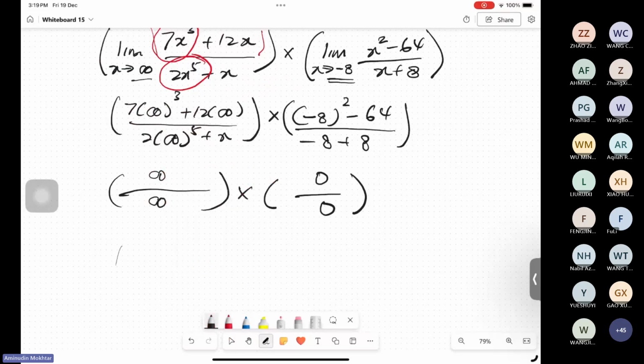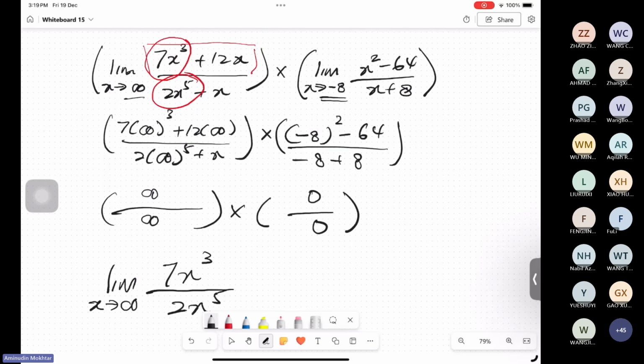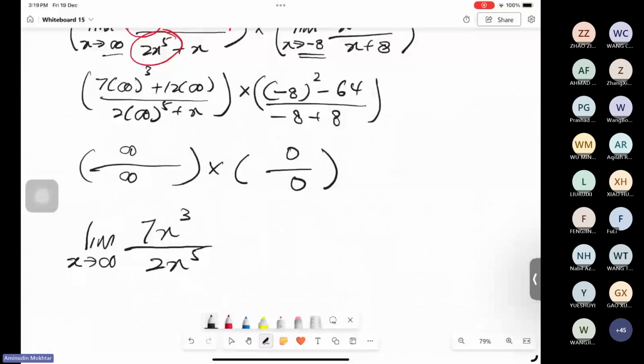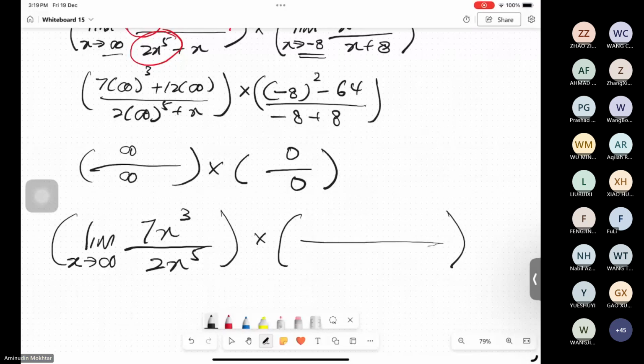Based on this concept, we can rewrite the limit as the limit of 7x to the power of 3 divided by 2x to the power of 5 when x approaches infinity, times the limit for the 0 divided by 0 part.